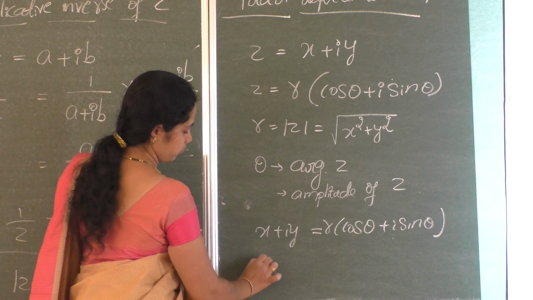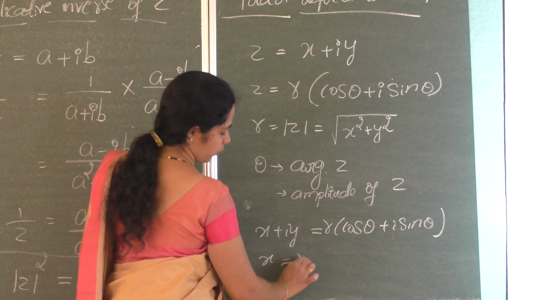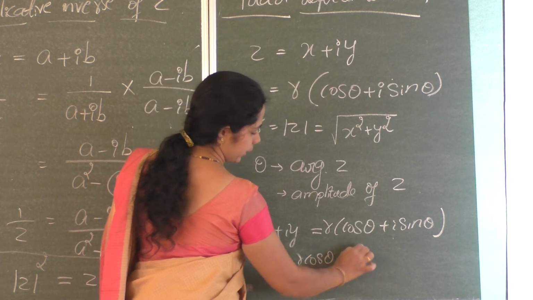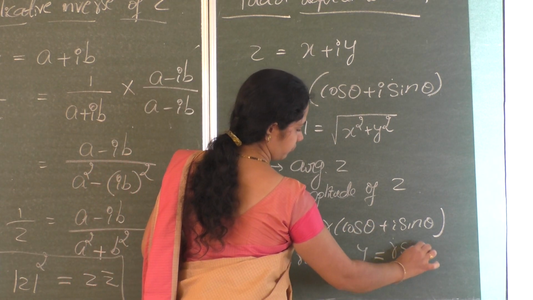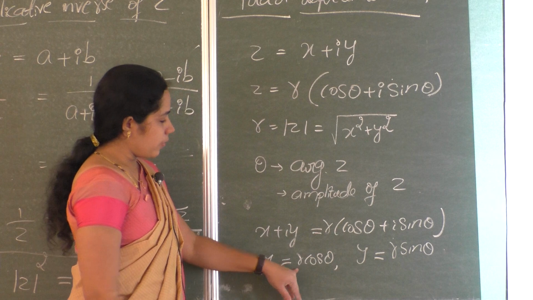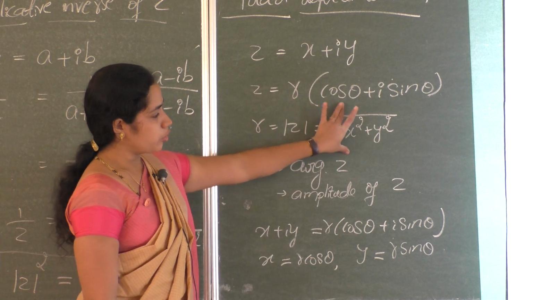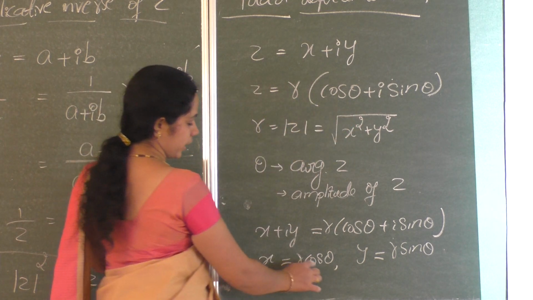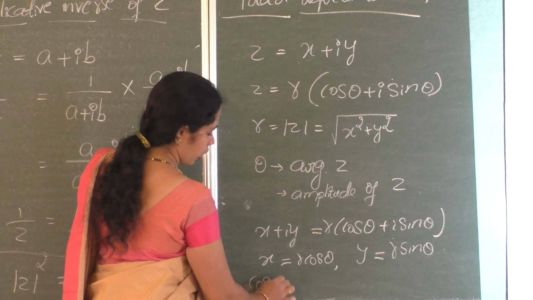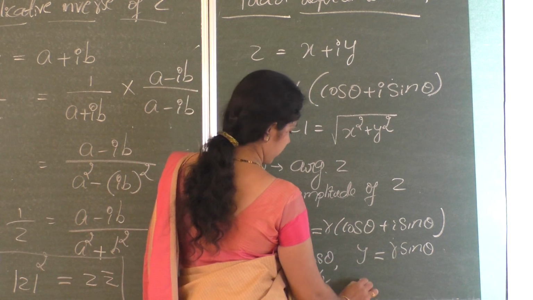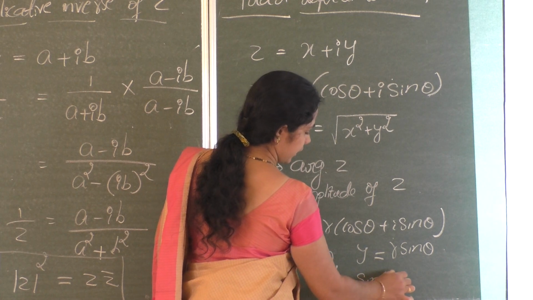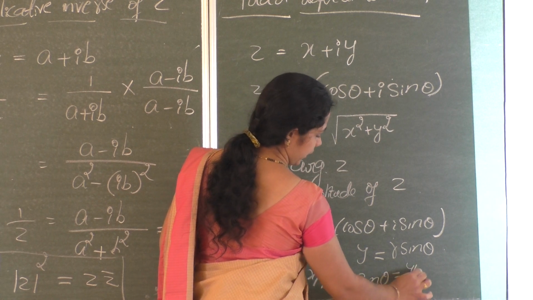What is x now? x is equal to r cos theta. What is y? y is equal to r sin theta. r value already we can find out from this relation. Now what is cos theta? Cos theta is equal to x by r. What is sin theta? Sin theta is equal to y by r.